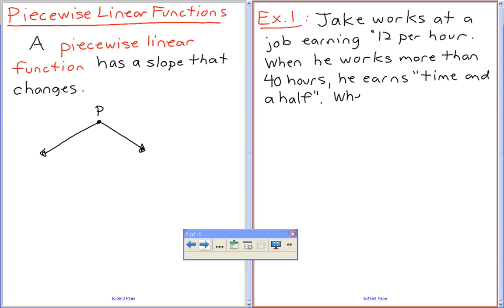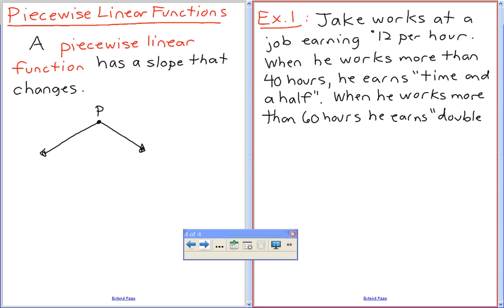When he works more than 60 hours, he earns double time.